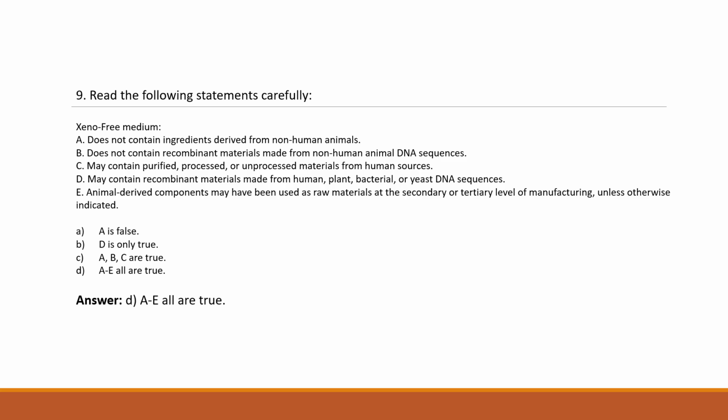So your xeno-free media does not contain ingredients derived from non-human animals. So your main ingredients like your serum, your albumin, or your vitamins, or whatever main ingredient that you add in, should not be directly taken from non-human animals. Second, it does not contain recombinant materials made from non-human animal DNA sequences.